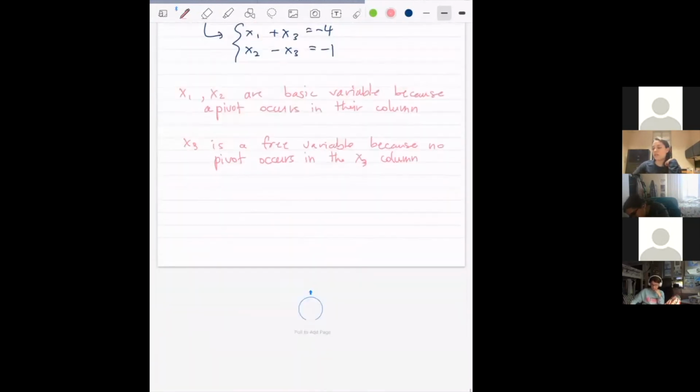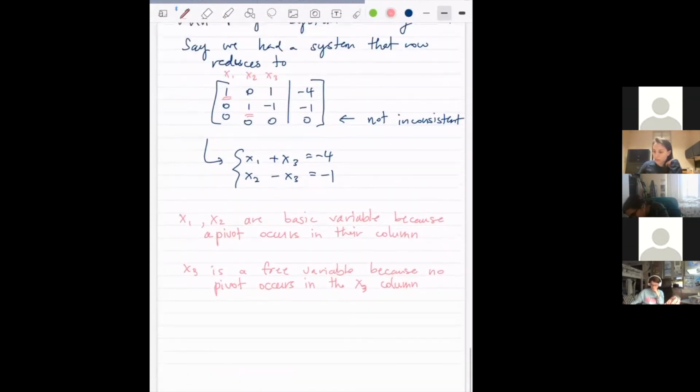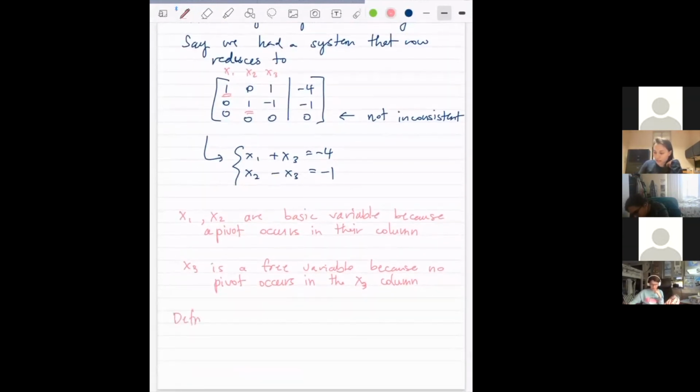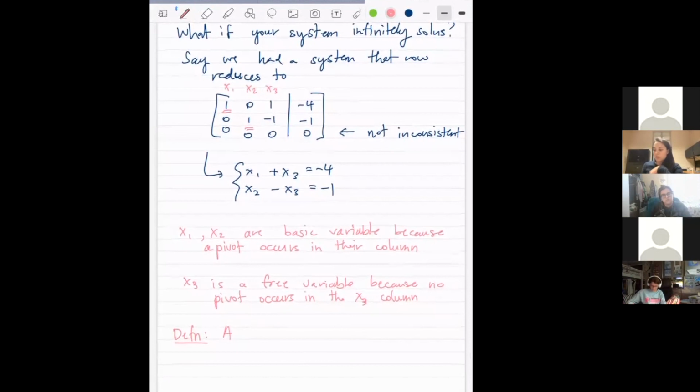So just to be really clear what we mean by a free variable, we can see from this example, but just to be very clear, a variable xi is a free variable if its corresponding column is not a pivot column.